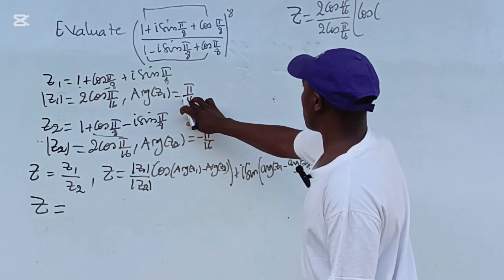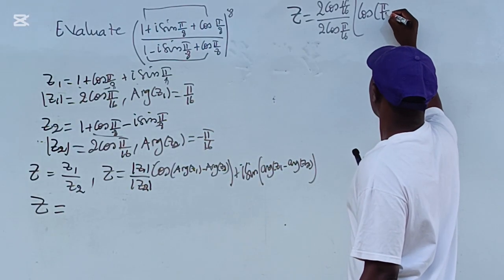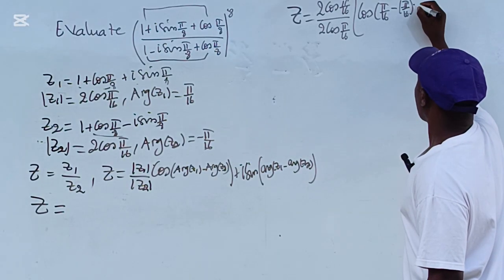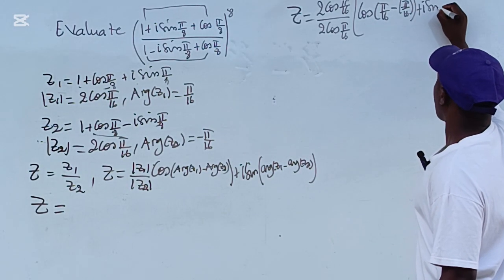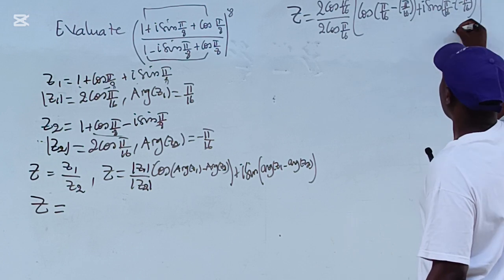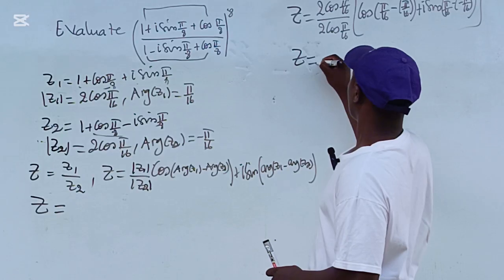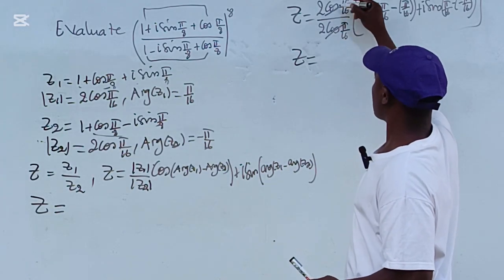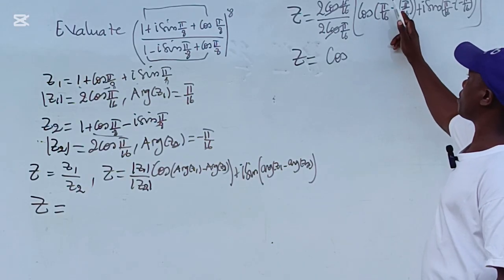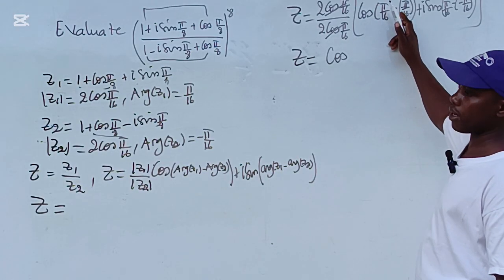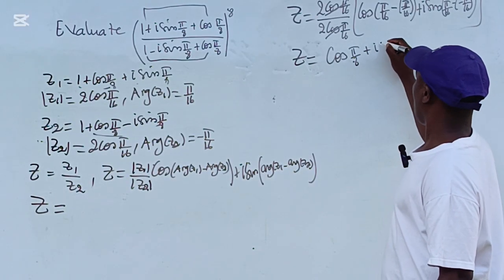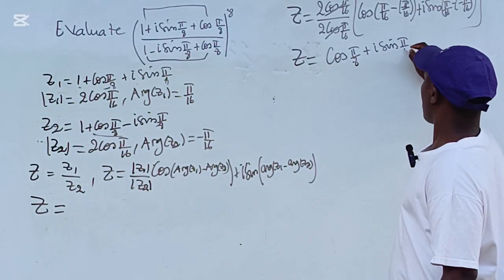The argument of z1 is pi by 16 minus, as it is here, minus pi by 16, plus I times sine pi over 16 minus minus pi by 16. Okay, this z is equal to, simplify this and this, we have only cosine. This is pi by 16 plus pi by 16, that is 2 pi by 16, which is pi by 8, plus I times sine pi by 8.